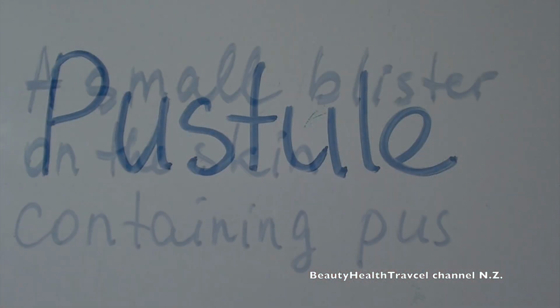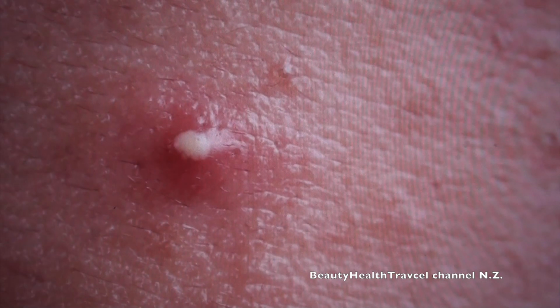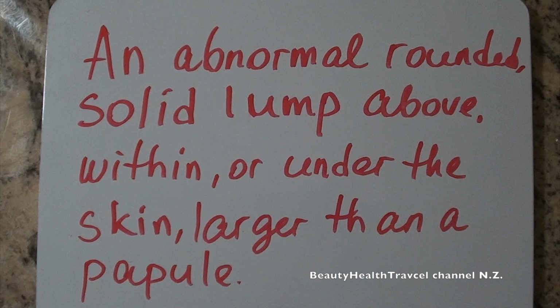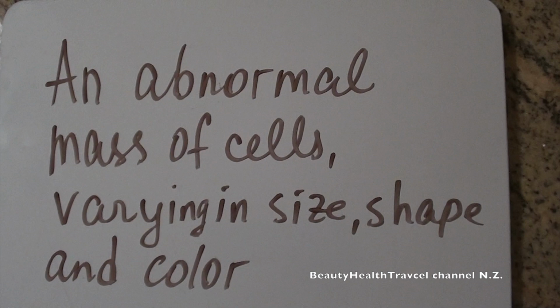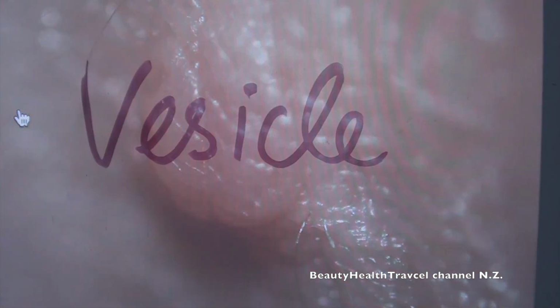Pustule, a small blister on the skin containing pus. Tubercle, an abnormal rounded solid lump above, within, or under the skin, larger than a papule. Tumor, an abnormal mass of cells varying in size, shape, and color.